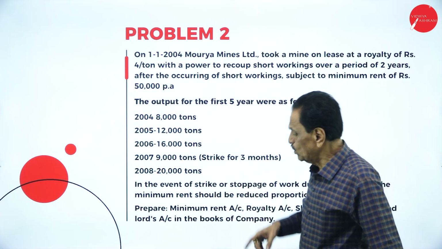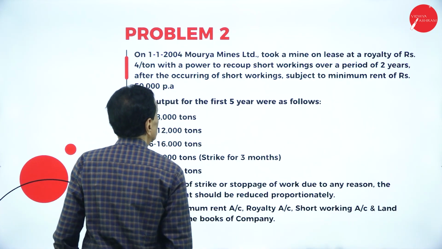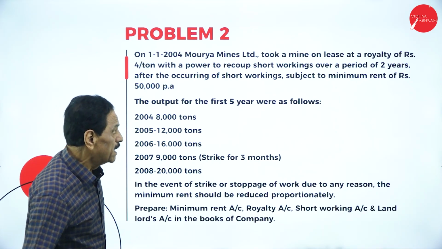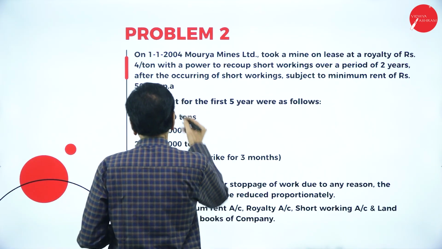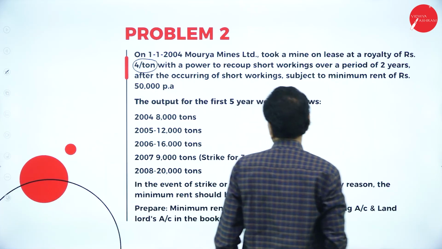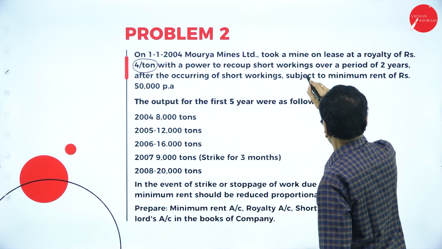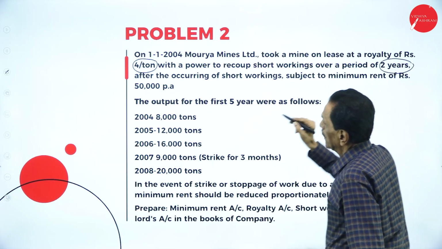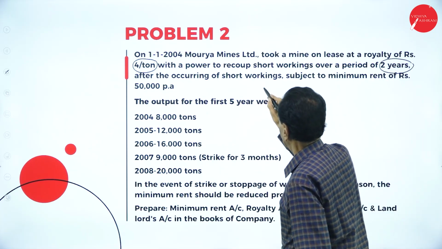On 1/1/2004, Moria Mines Limited took a mine on lease at a royalty of ₹4 per ton, with a power to recover short working over a period of 2 years after the occurring of short working.